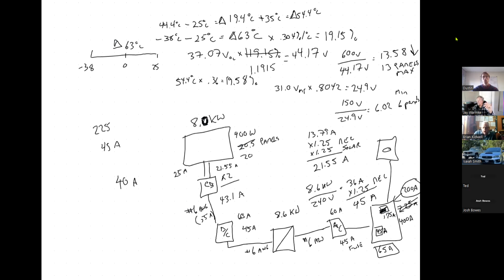Another option would be don't do a load side connection at all. Simply connect in somewhere between the meter and the main. Then you don't have a problem here at all. That just remains as it is, and now we're just feeding into a supply side connection.